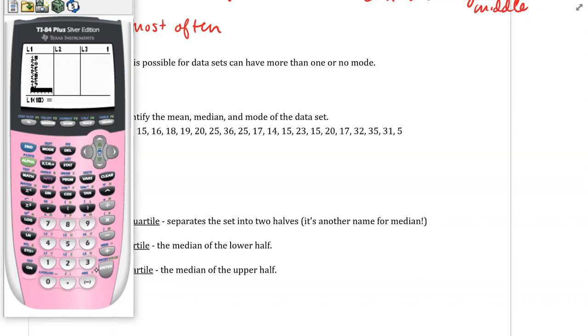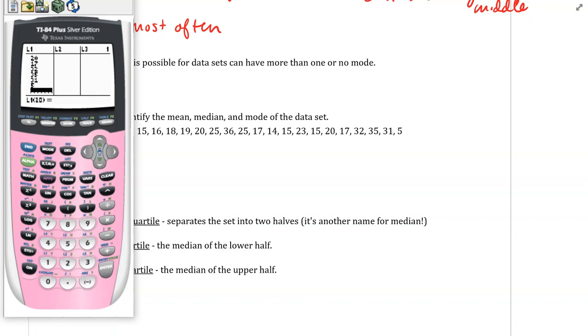So we're typing them in very carefully. Sometimes after I type them in, I will double check them backwards. So I'll start at the end and then go forwards from there to check in a slightly different way than I typed them in. So going from there, 32, 35, 31, and then 5.